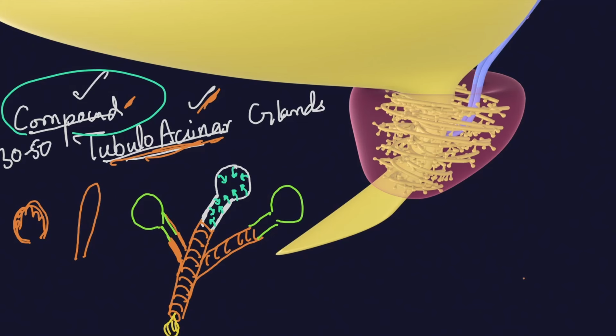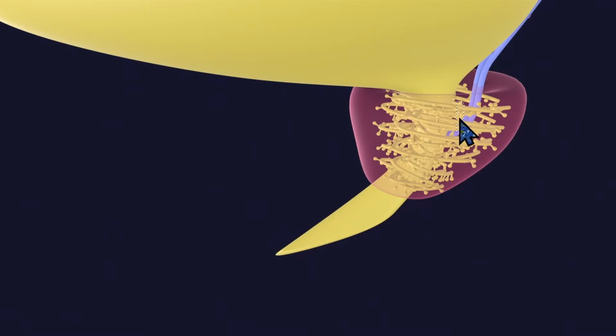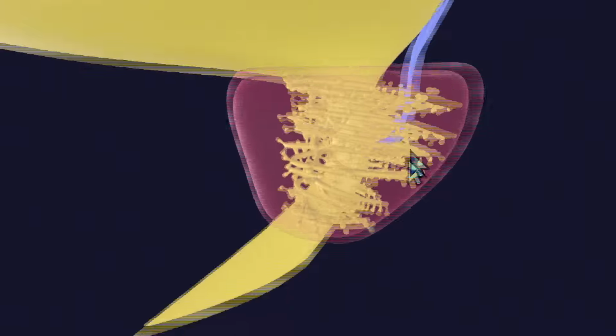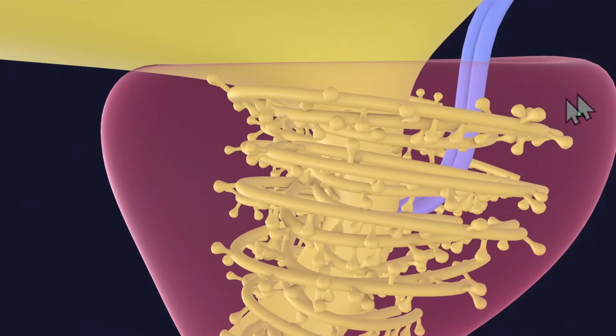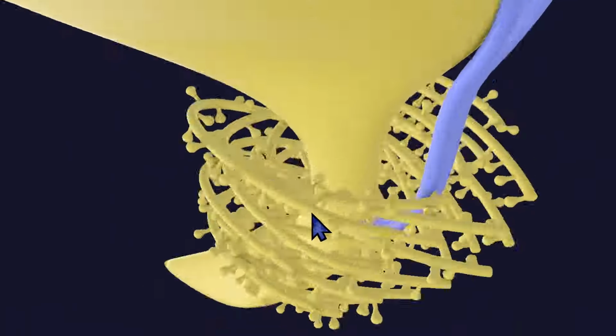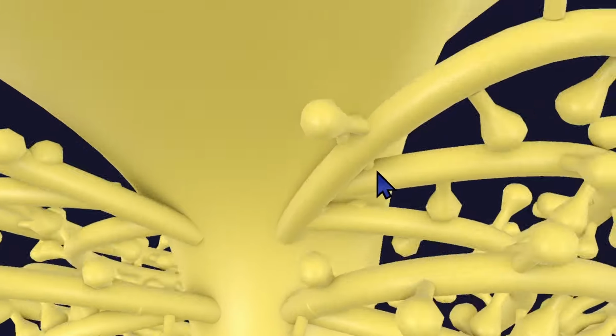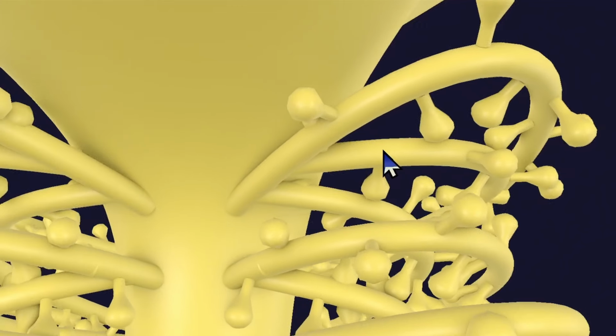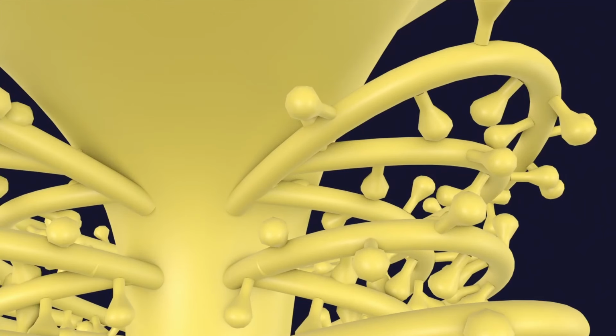Now let's focus on this 3D model, and let me show you the structure of this gland. If I hide the fibromuscular, mesenchymal or mesodermal part, you can see, let's suppose, one gland. This is a single gland, and let me draw it for you.